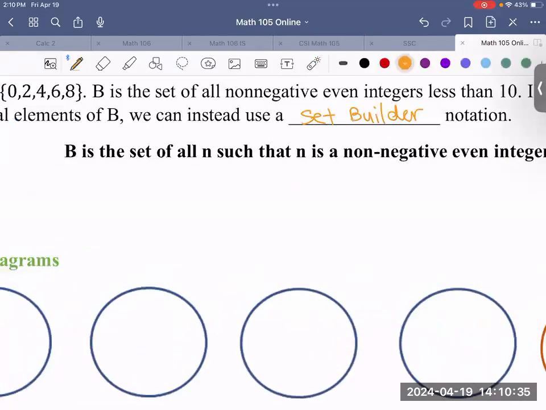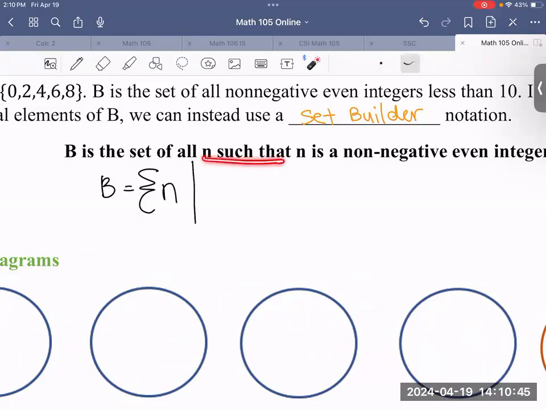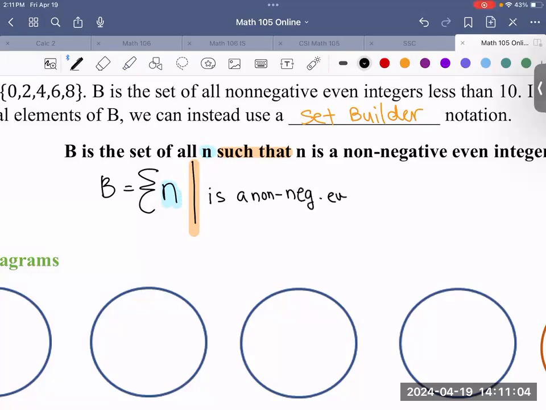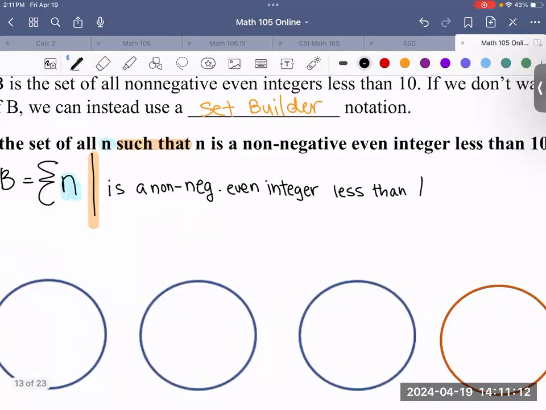So instead, we can say B is equal to the set of n, such that, this line is meaning such that. Okay, so all n, so that all of our n's preceding is a non-negative even integer less than 10.